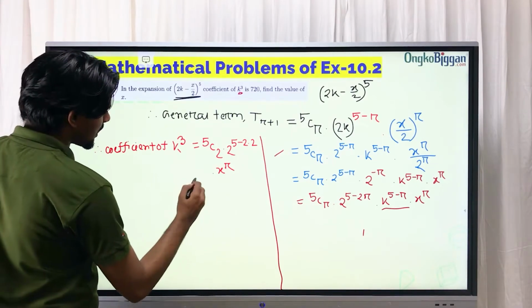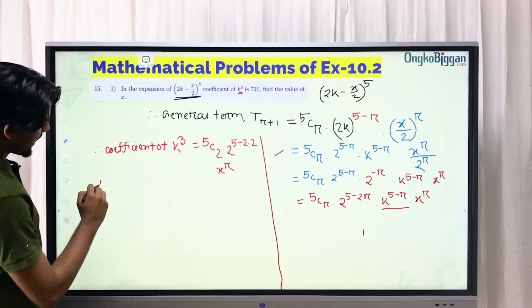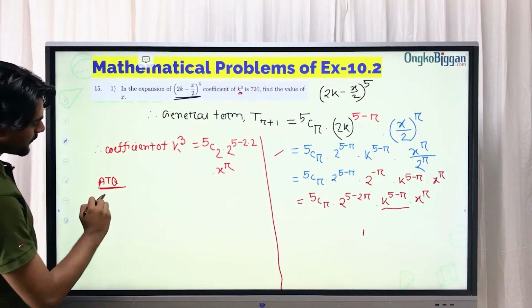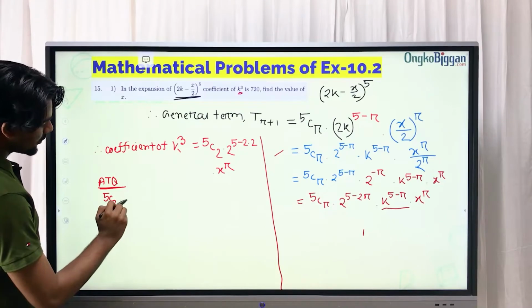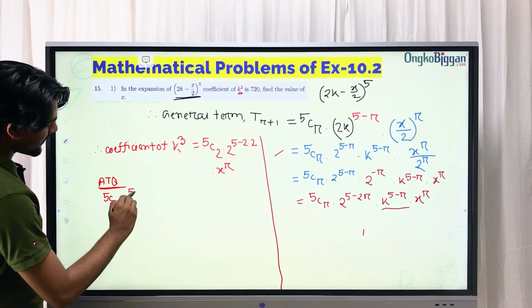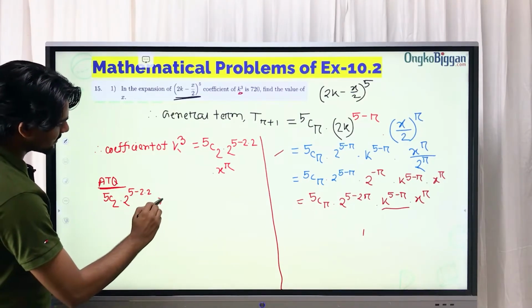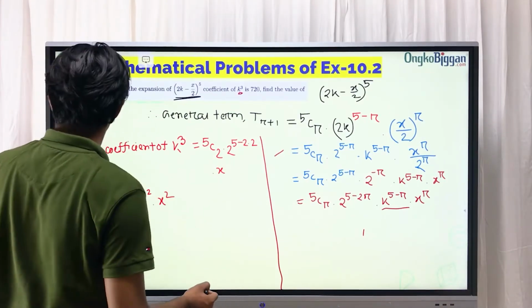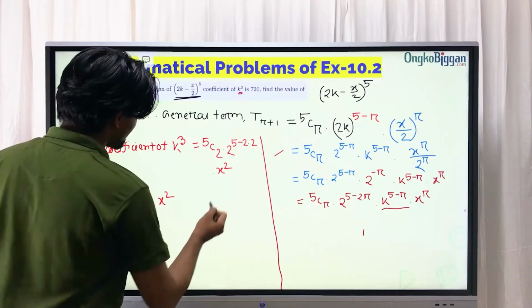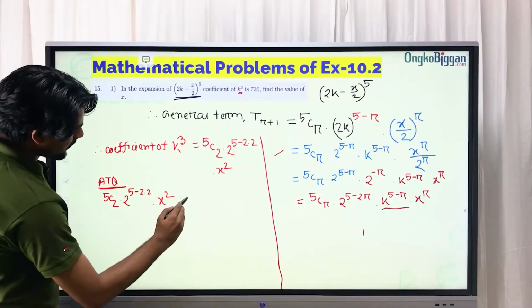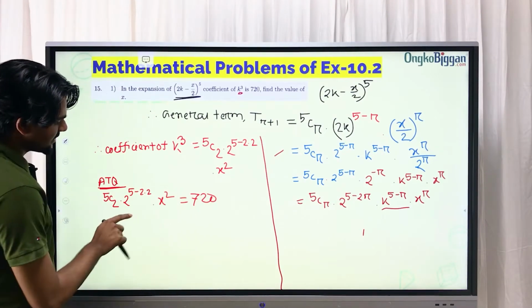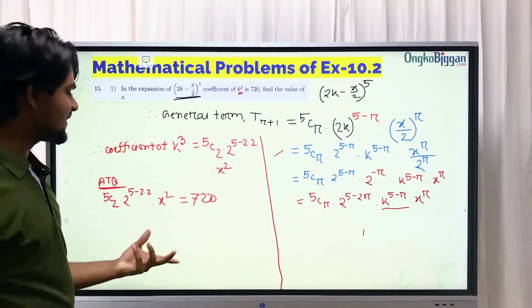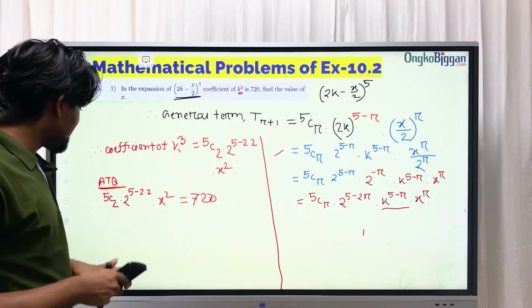According to the question, we got 5C2 dot 2 to the power of 5 minus 2 into 2 dot x square, which equals 720, because this is the coefficient of the third term and it is given to be 720. So we need to find the value of x.